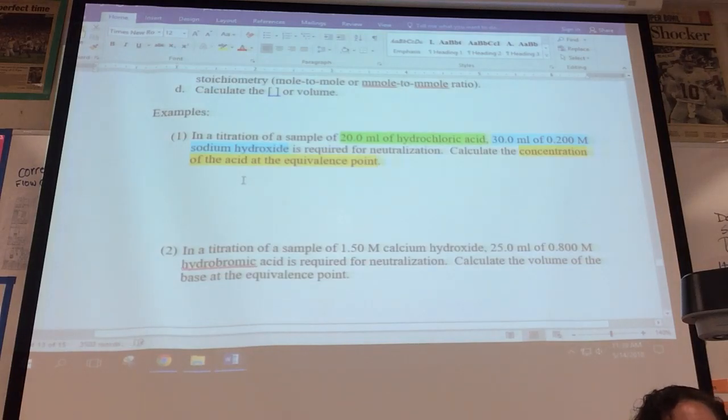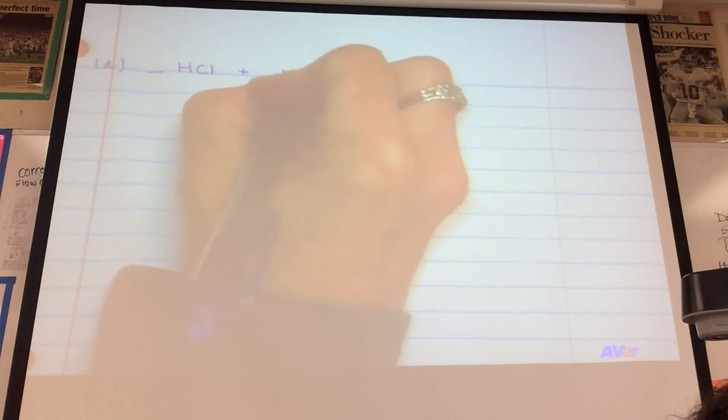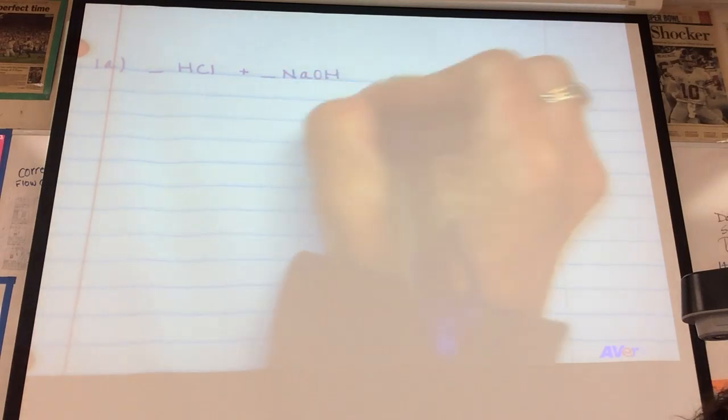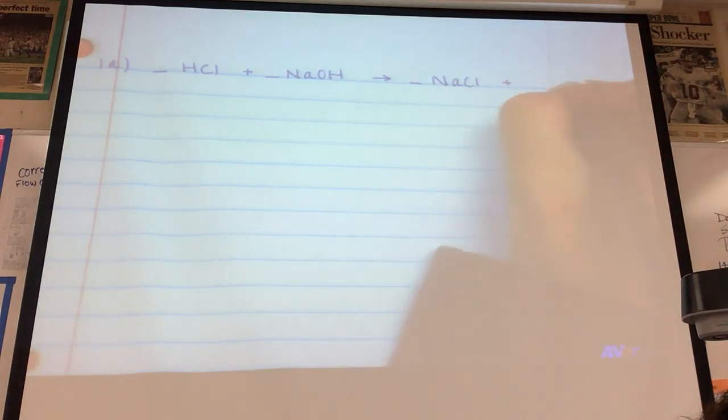The equivalence point is where moles of acid and base are stoichiometrically equivalent. First thing I'm going to do is write the neutralization reaction. So 1A, I've got hydrochloric acid reacting with sodium hydroxide, double replacement, insides, other product, water, and that is balanced already.